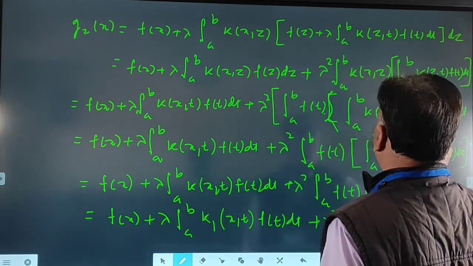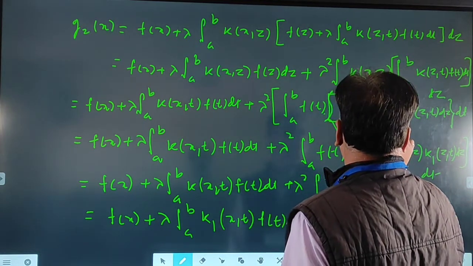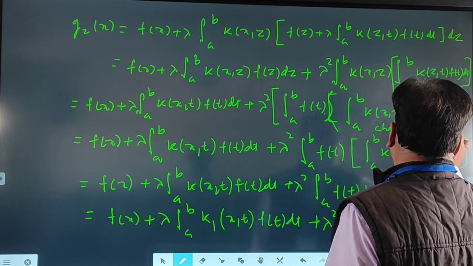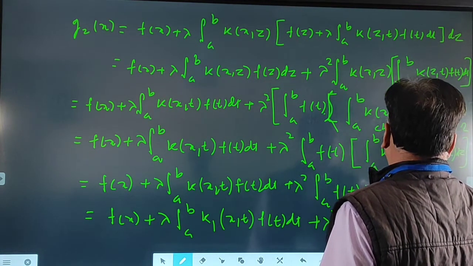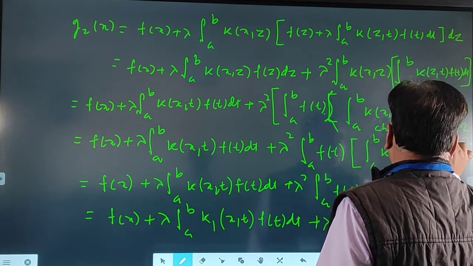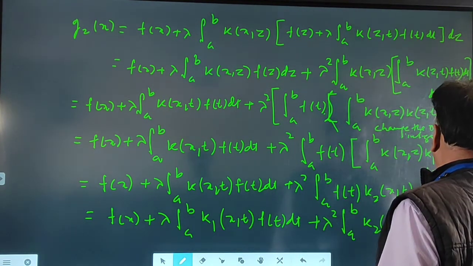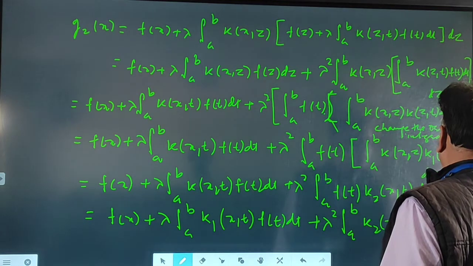Here we change the order of integration, and here we use the iterated kernel.